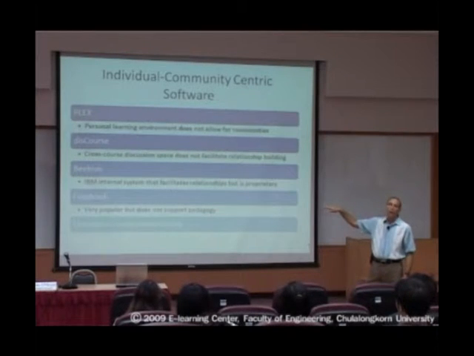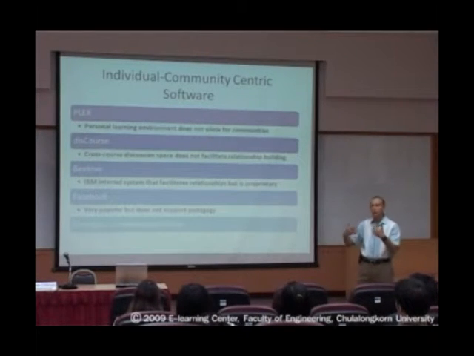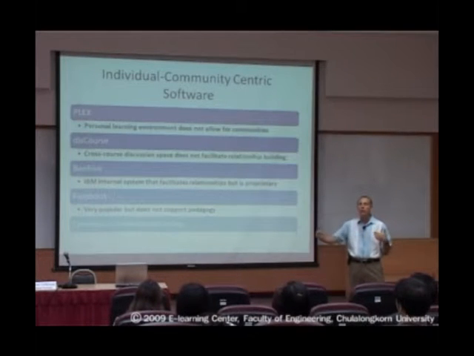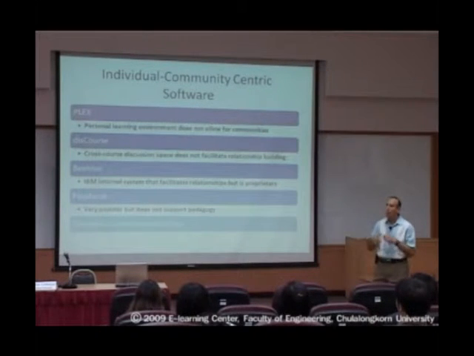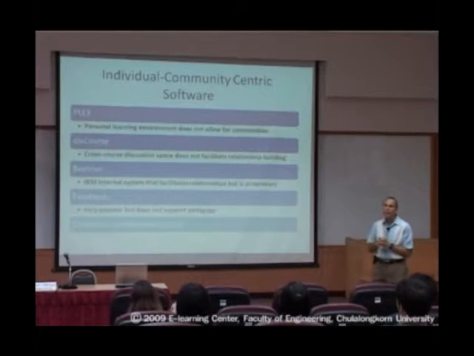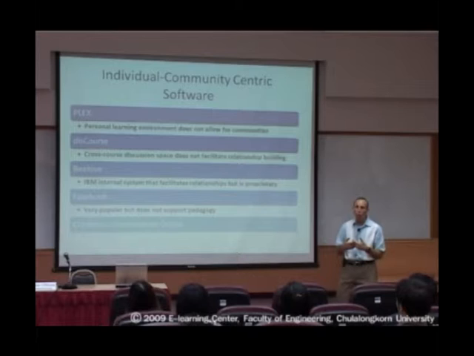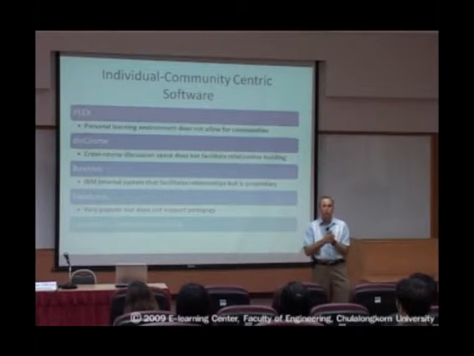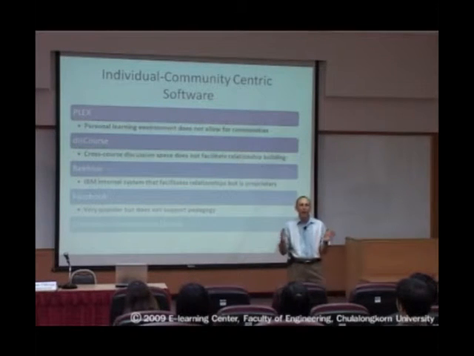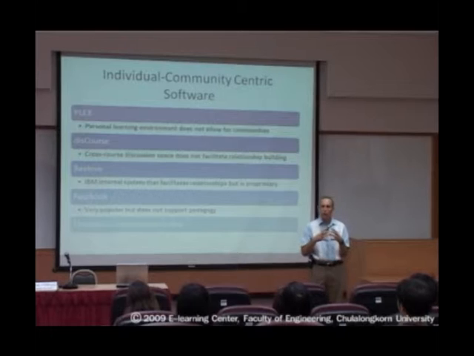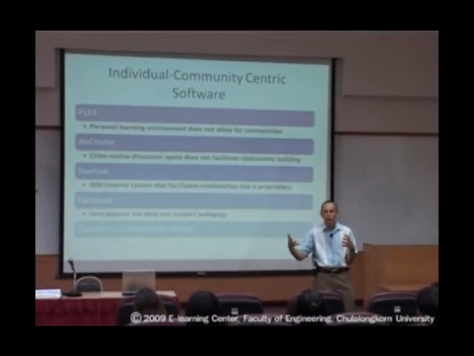So another example that tries to build across seams or across the boundaries of context is something called Discourse. Discourse was developed at the University of Hawaii. And the idea there was to say, let's break out of the course mode and allow people to share knowledge, even if they're in different courses.